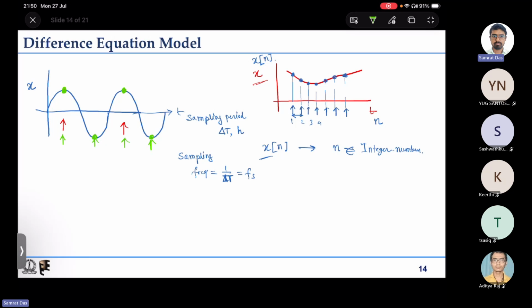Here it will be obvious that the x signal is changing its sign, but how it changes, that information is not there. So in the discrete domain, x is only defined at these points. It could be any other points also based on the sampling instant. For example, it could be here as well.